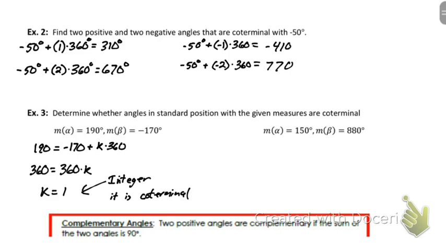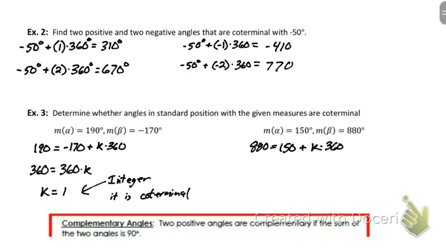The formula is nice if it's really big. You're just solving for something. Subtracting and adding something is nice when they're really close like that. I'm going to go ahead and do the formula. So I would do something like 880 equals 150 plus K times 360.